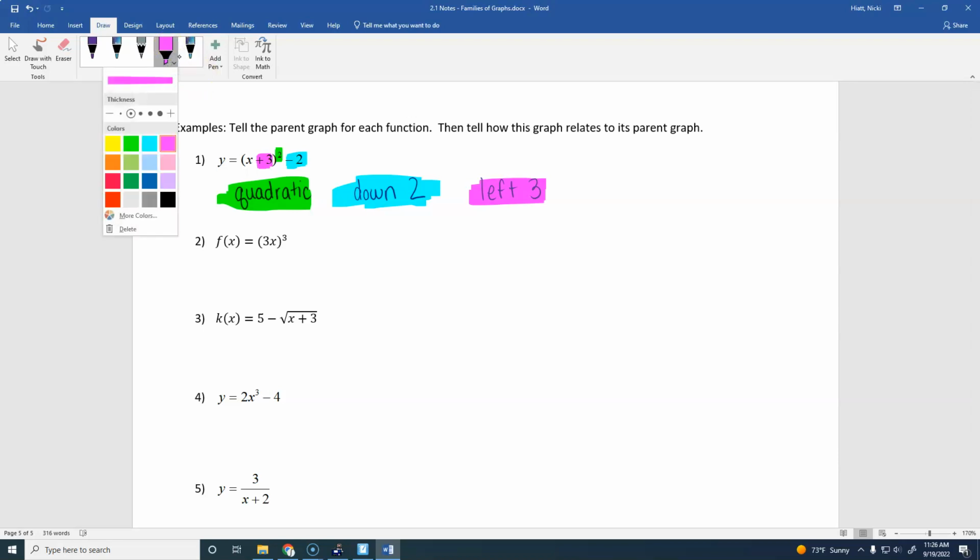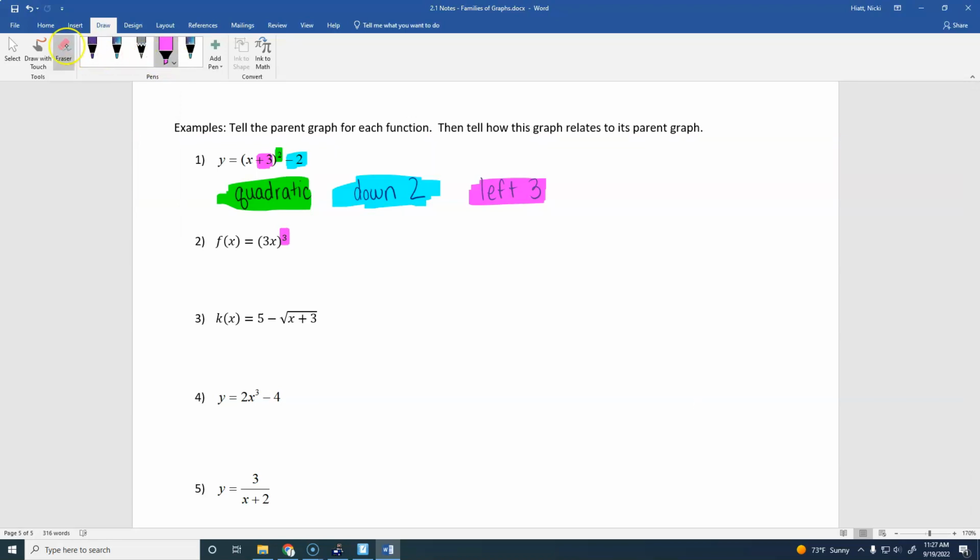All right, let's see. Lily, what's our parent function for number 2? Is it a square root? It's not. We don't see a square root anywhere. Is it a quadratic? No, we don't have a square anywhere. What do we see? We've got this little third power here, right?